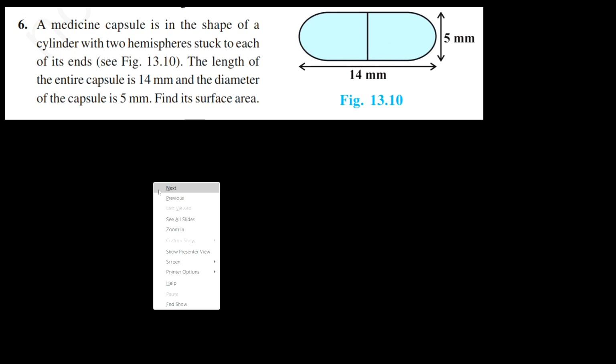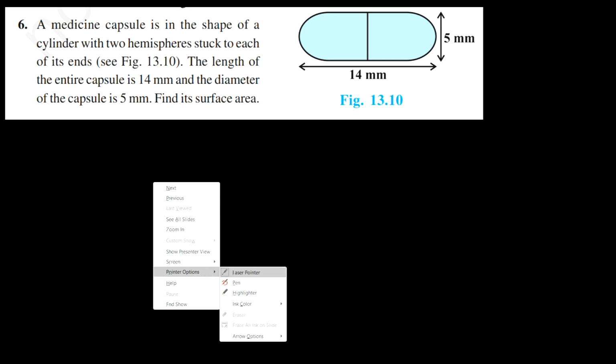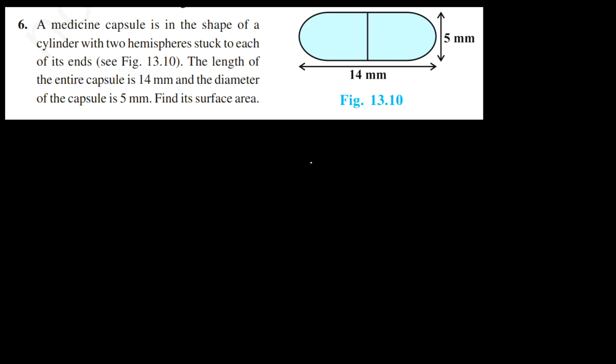Now see here. I am redrawing the medicine capsule. So this is the part of cylinder, and at each end it is having a hemispherical shape.